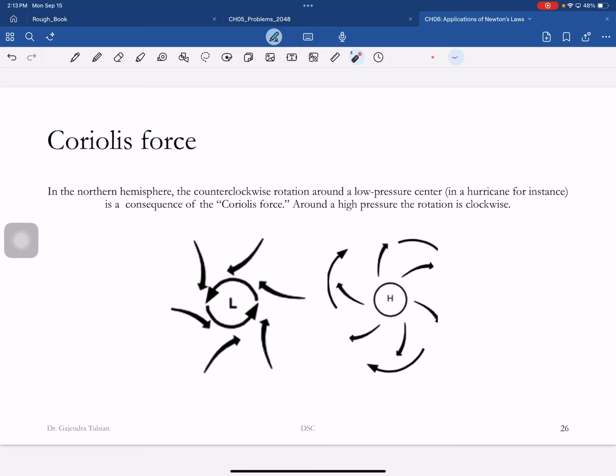So if you're standing on the ground, you are accelerating because you're going in a circle. Okay? So when you're looking at it from a non-inertial frame of reference, you have to come up with a non-existent force. Okay, so similarly, you can argue if you're in a high pressure in the northern hemisphere, you'll have a clockwise rotation, and it's the opposite in the southern hemisphere. Okay.